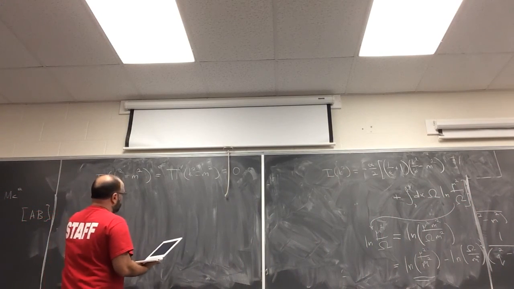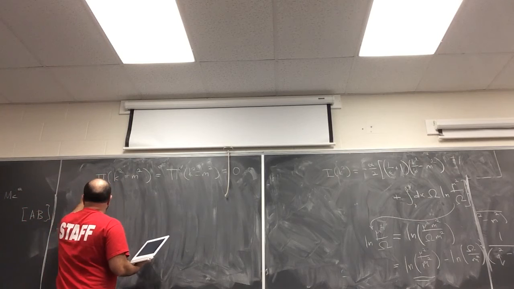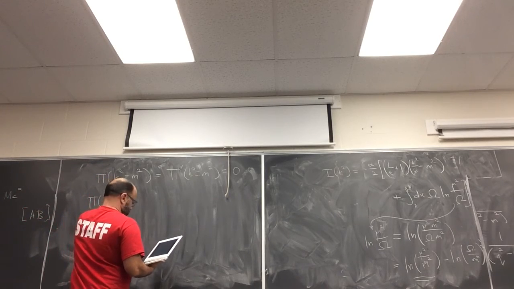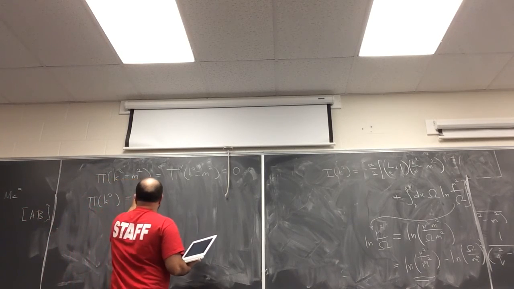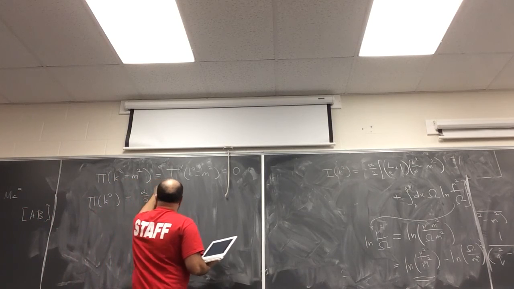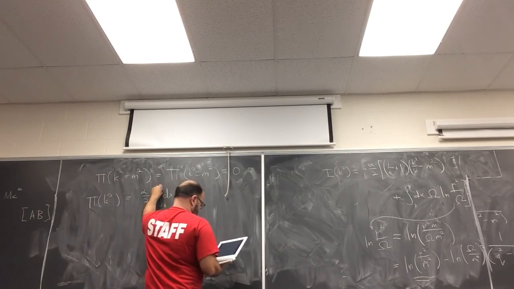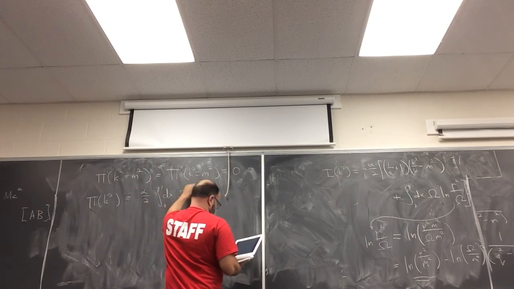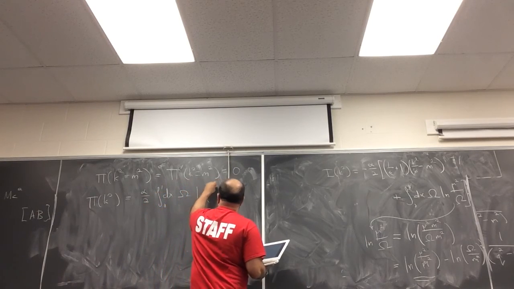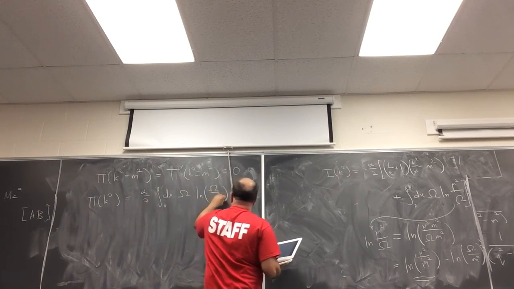So my self-energy now looks like this. We get alpha over 2, integral dx from 0 to 1, omega natural log omega over m squared.